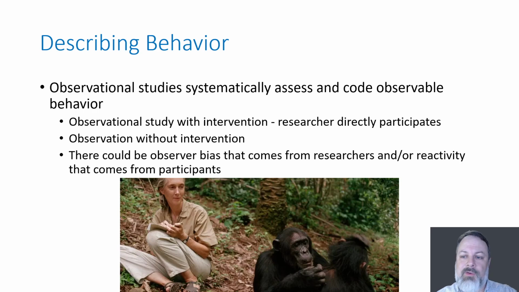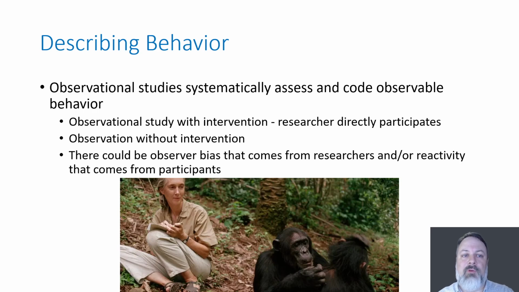The picture here is showing Jane Goodall observing chimpanzees, and so you can have two different types of observational studies. You can have those where the researcher directly interacts with the participant. So if you were watching children, you would be in the room. Maybe you're even playing with the child and you're listening to see what kind of behaviors the child has if you hand the child something or if you take something away.